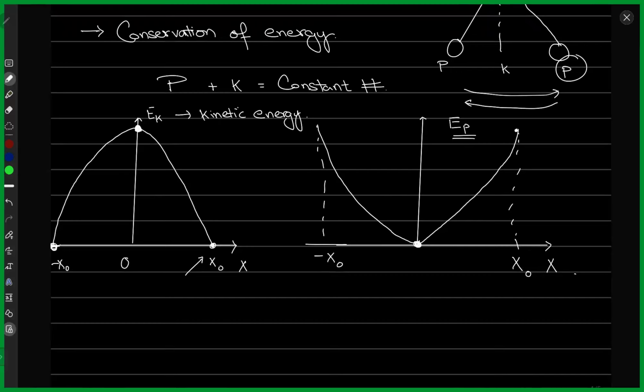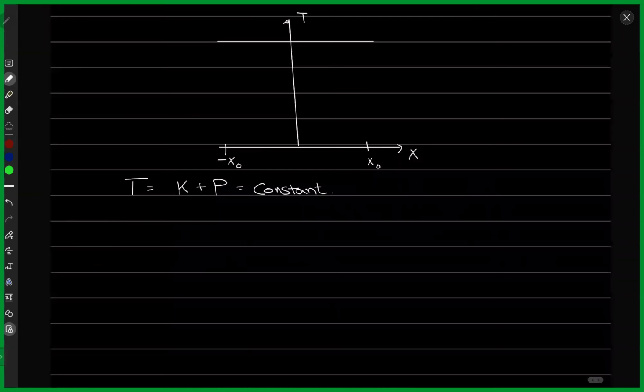Because of the conservation of energy, where the kinetic energy is maximum, the potential energy has to be a minimum, while where the kinetic energy is minimum, the potential energy has to be maximum. So these are the variations of kinetic and potential energies with displacement, while this graph shows how the total energy depends on the displacement of the pendulum or any oscillator.